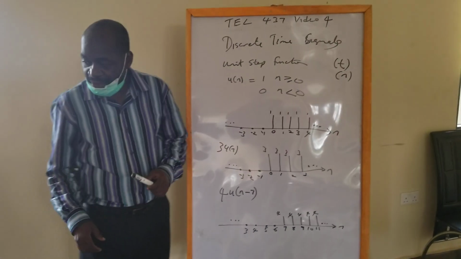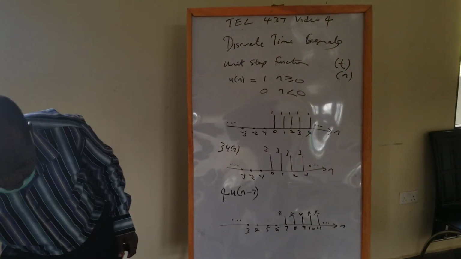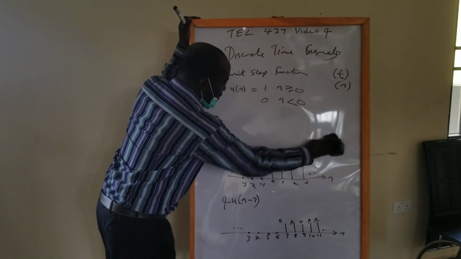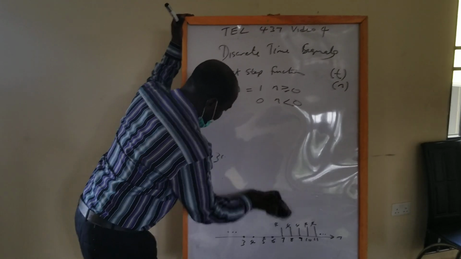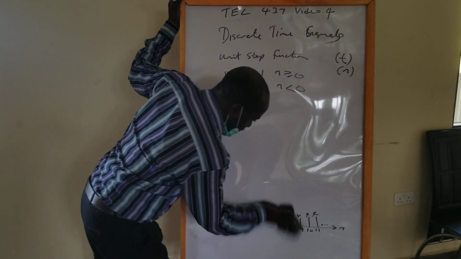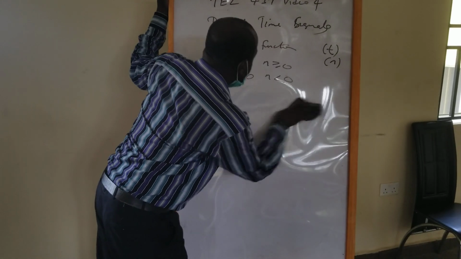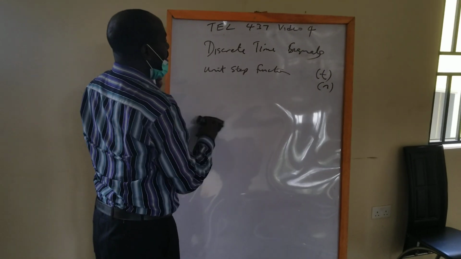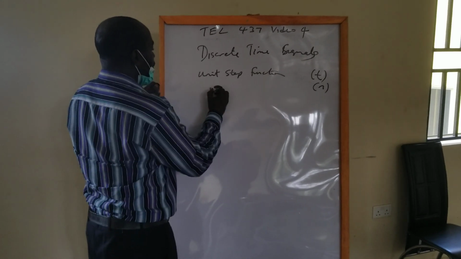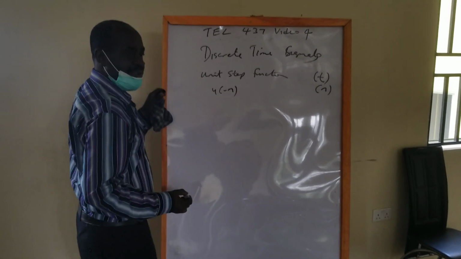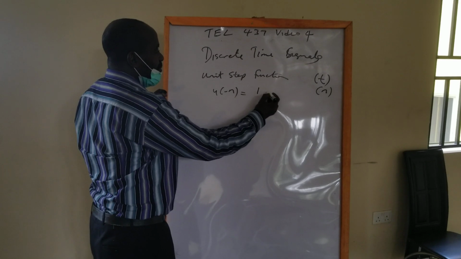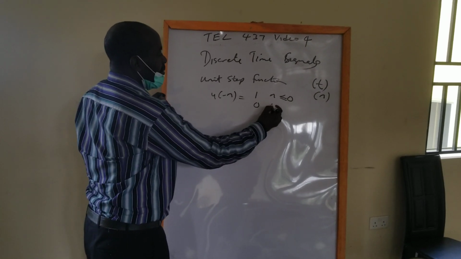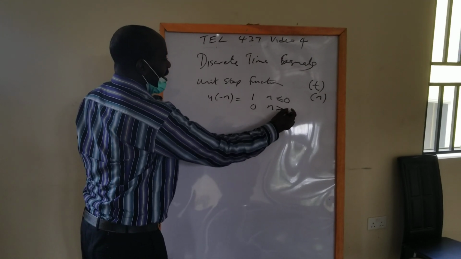Now, you can also introduce reversal. If I'm introducing reversal, I'll be talking of u of minus n. In this case, this is equal to 1 when n is less than or equal to 0. It's going to be equal to 0 when n is greater than 0.